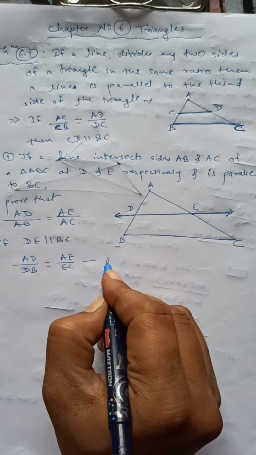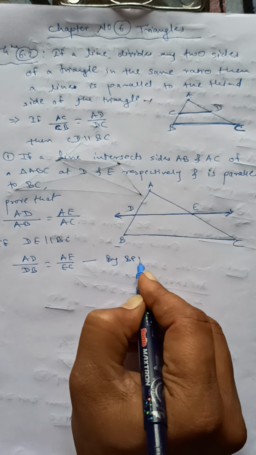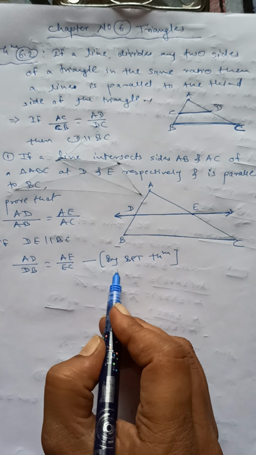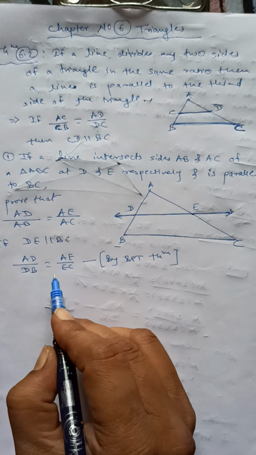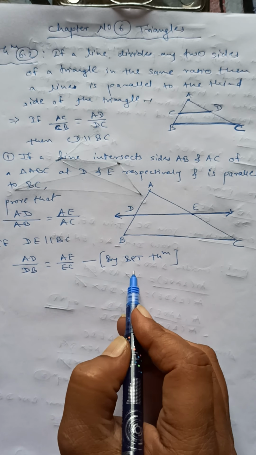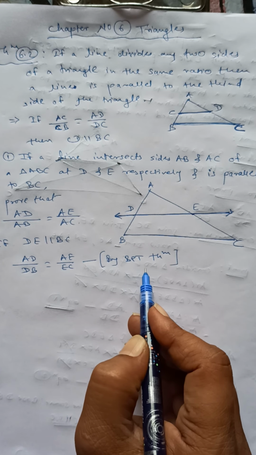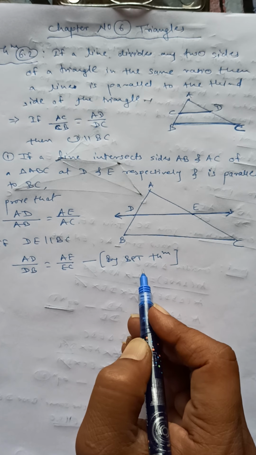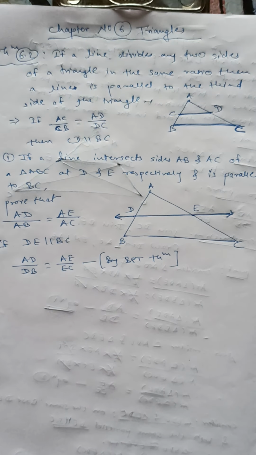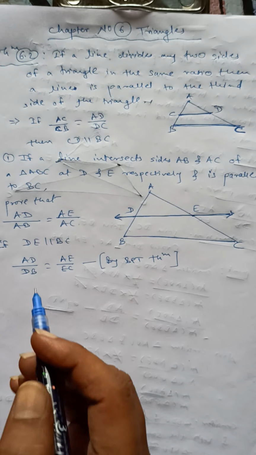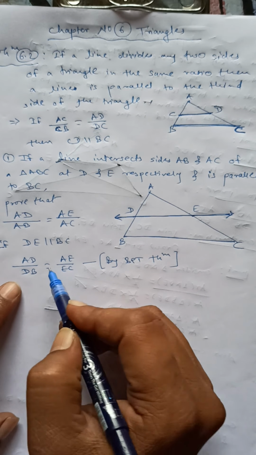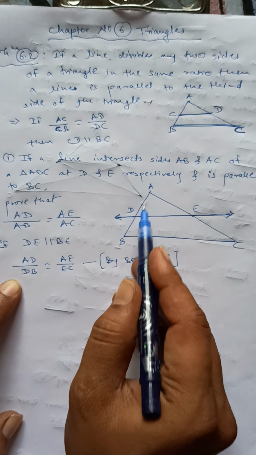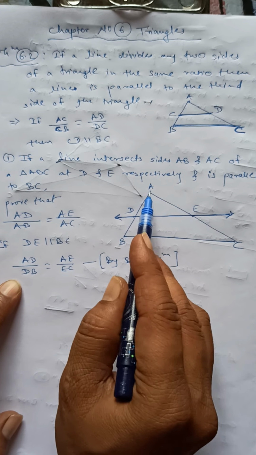So you can write by BPT theorem, basic proportionality theorem. We just have to write the reason here. AD upon DB is equal to AE upon EC by BPT. Okay, but we have to prove AD upon AB is equal to AE upon AC. This we got, but we have to prove AD upon AB is equal to AE upon AC.